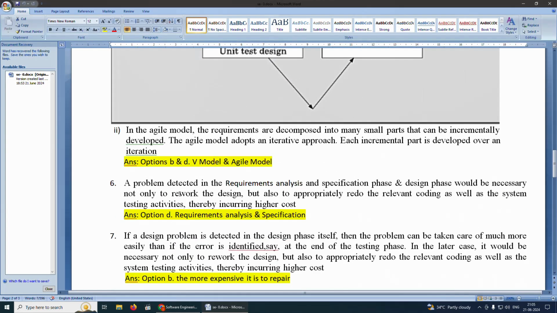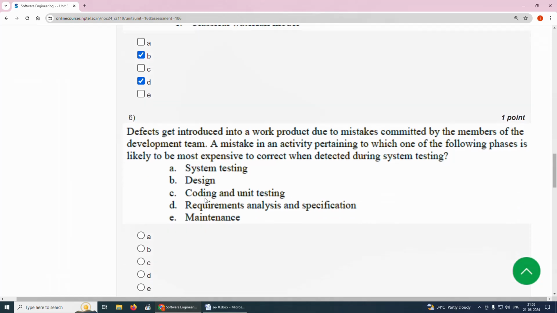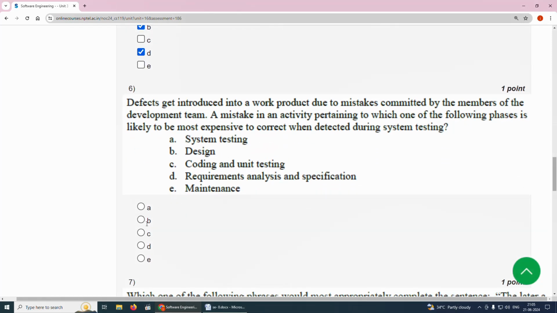A problem in the requirements analysis and specification phase would make it necessary not only to rework the design but also to appropriately redo the relevant coding as well as the system testing activities, thereby incurring higher cost. So the answer is option D, requirements analysis and specification.